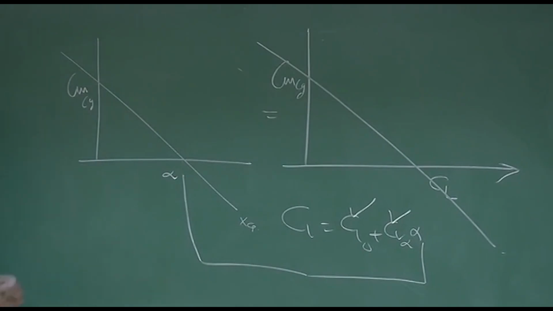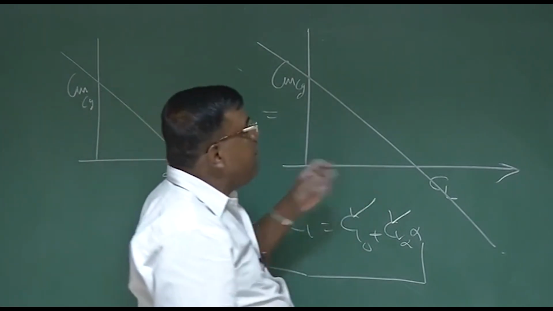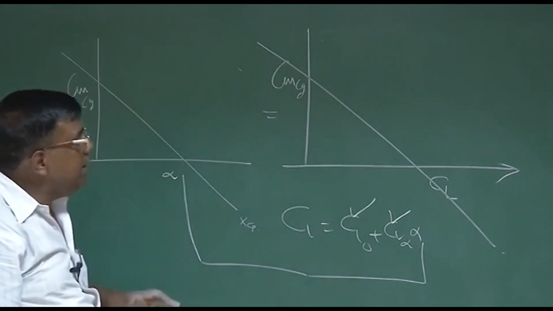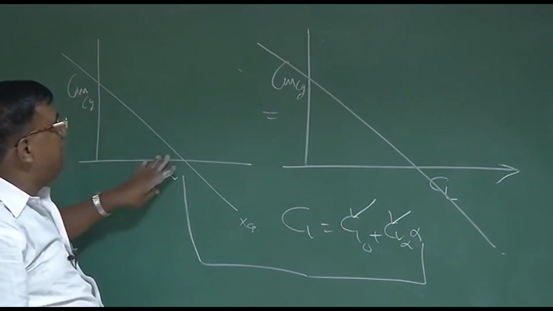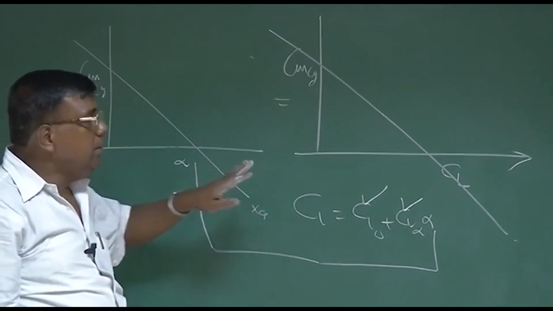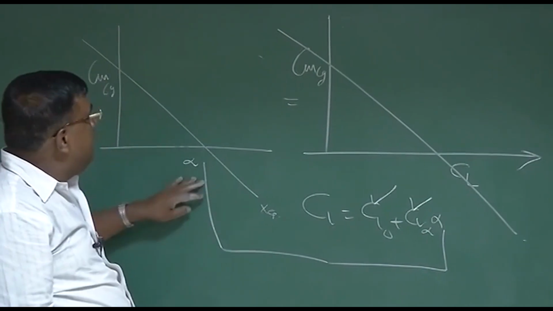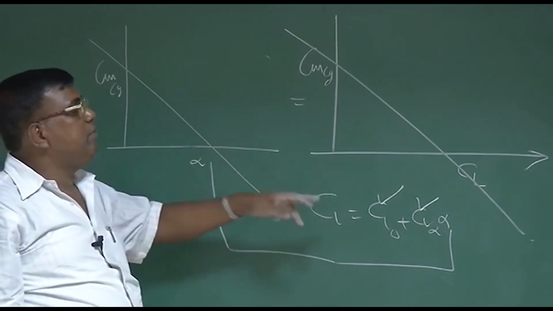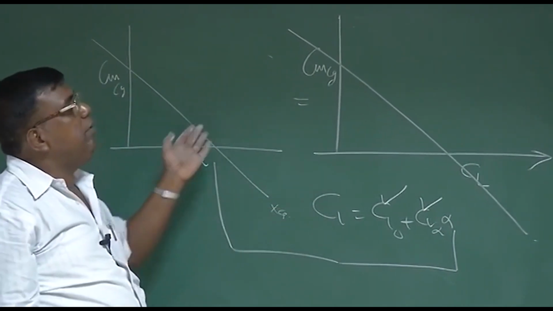The variation of CM and CL will remain like this. Let us see what the equilibrium point is. Please understand, from the CM versus alpha graph, I am now shifting towards the CM versus CL graph. For each alpha there is a corresponding CL, so I will be replacing alpha by CL.